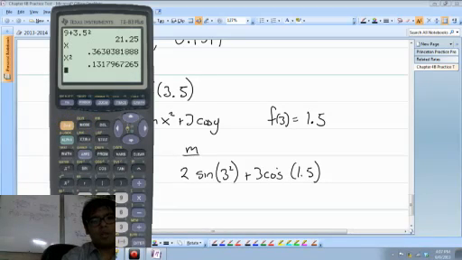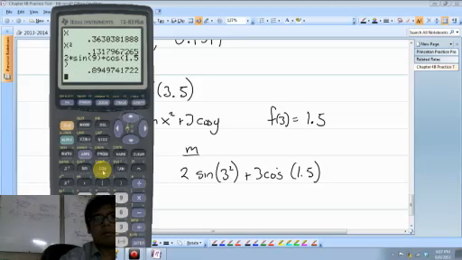Next, 2 times sine of 9 plus 3 times the cosine of 1.5.